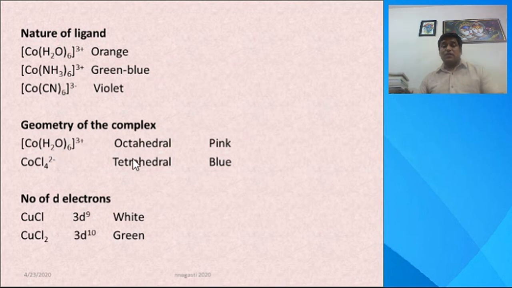We are not going to go into the details of why geometry influences color, nor the symmetry and other rules, at this stage. Just to understand: the octahedral complex of cobalt is pink, the tetrahedral complex is blue. Similarly, the number of d electrons matters also: for cuprous chloride and cupric chloride the color is different because the number of d electrons is different.